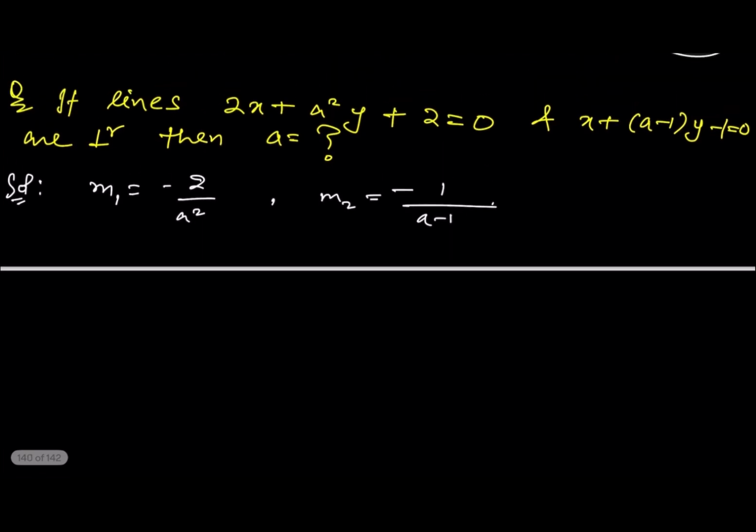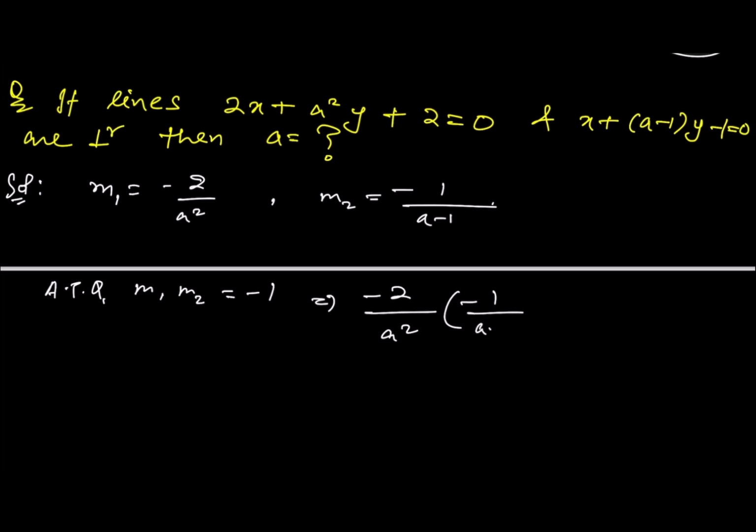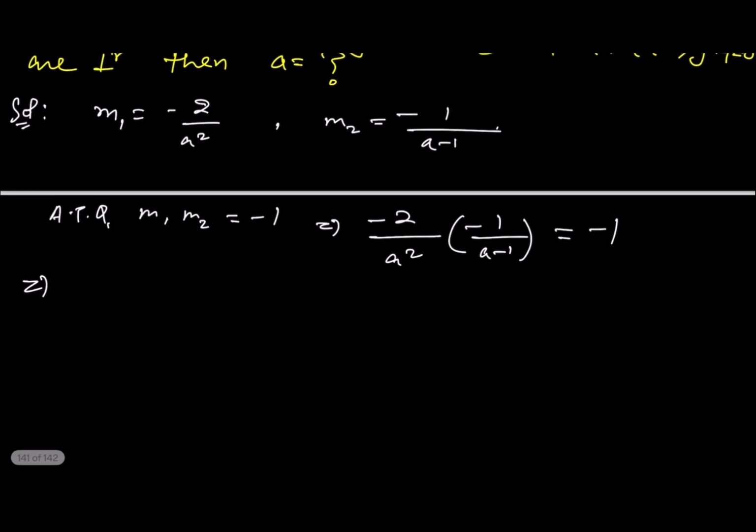Now according to the question, m1 m2 is equal to minus 1. If lines are perpendicular, then in general m1 m2 is equal to minus 1 I can take. So minus 2 upon a square times minus 1 upon a minus 1 is equal to minus 1. Okay, so this will be a square times a minus 1 is equal to minus 2, or a cube minus a square plus 2 is equal to 0.